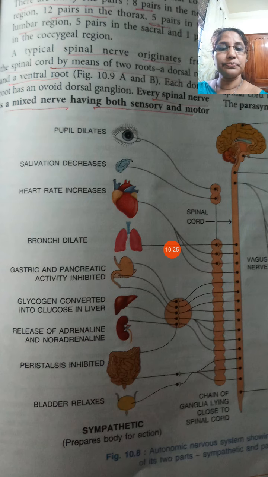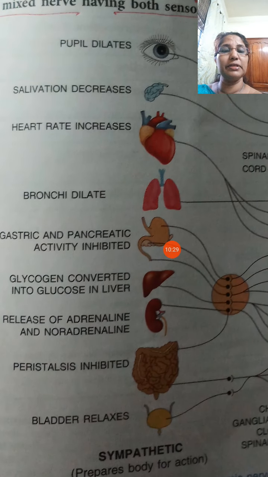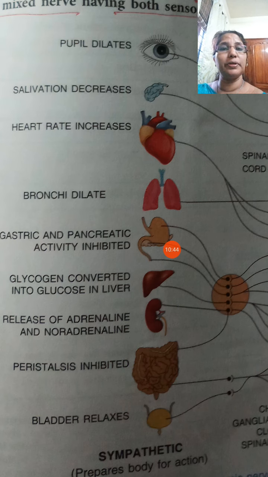Then again, the gastric and pancreatic activity is inhibited, so our food will not digest at that time. All the energy will be diverted to the muscles. So our stomach, for some time, may stop at any time of emergency situation.